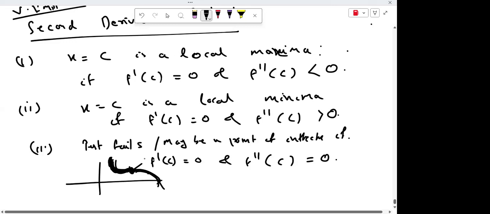It is neither a maxima nor a minima. Okay. Done, everyone? Yes, sir.